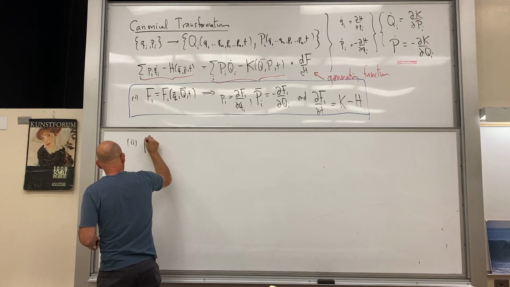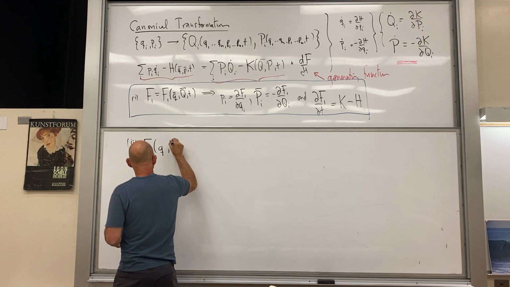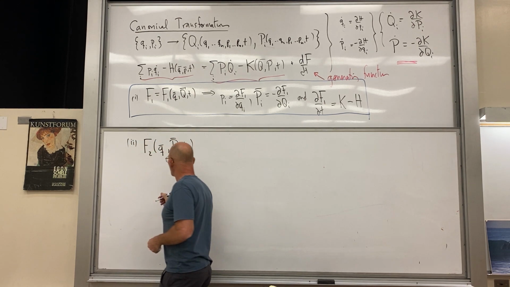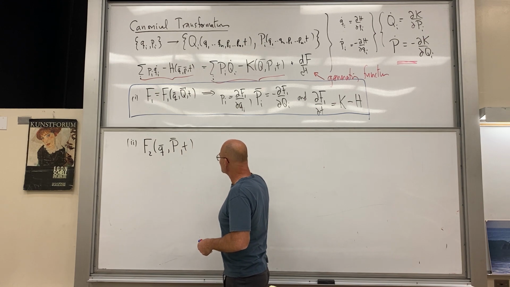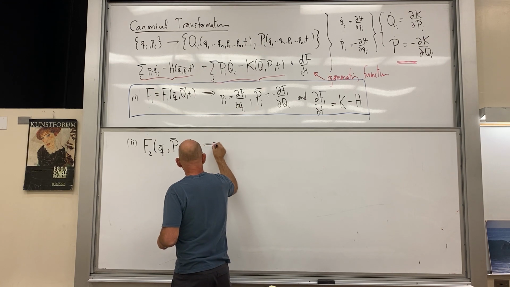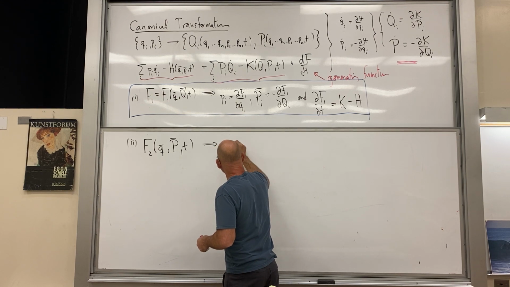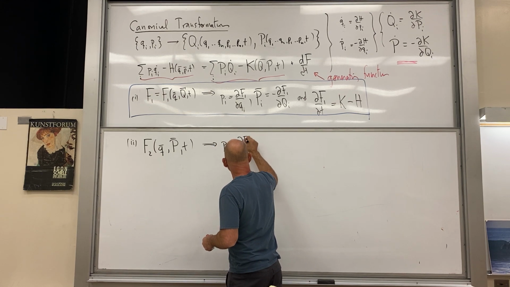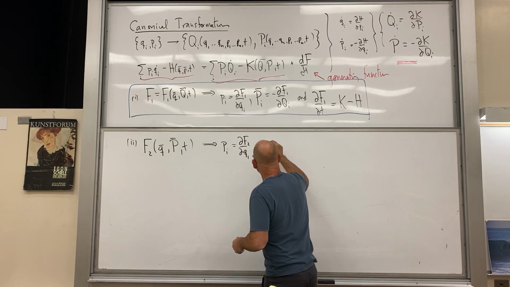So the second type of generating function, F2 of Q, P, and T. So old coordinates, new momenta, and time. Then we get the results p sub i equals dF2 dq sub i.